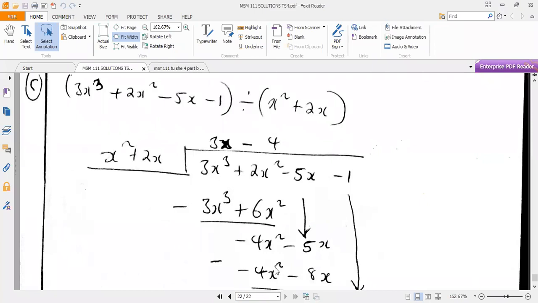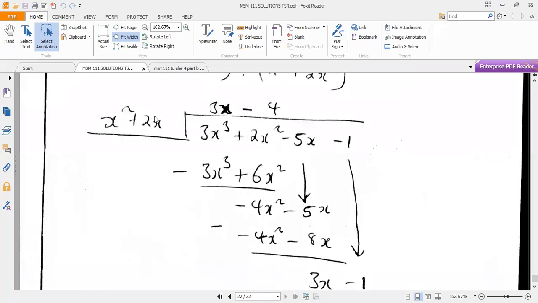Then we multiply again: negative 4 times positive 2x is negative 8x there. You're able to see it though. Now when you subtract these two, we're having a 0. When the 5 comes down here, we have negative 5x minus open negative 8x close, isn't it?